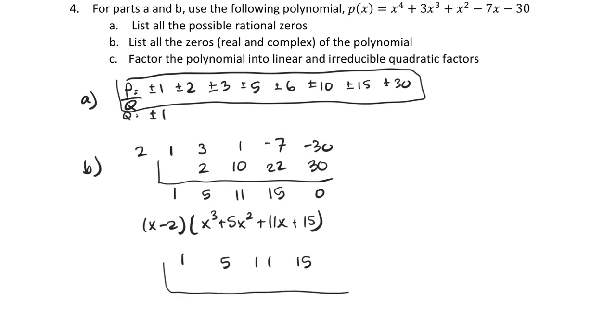We've already ruled out positive 1, negative 1. 2 may be a repeated 0, so if nothing else works, we could try 2 again, but I'm going to assume it's not a repeated 0 and move on to negative 2. Okay, so negative 2 didn't work. Try 3.